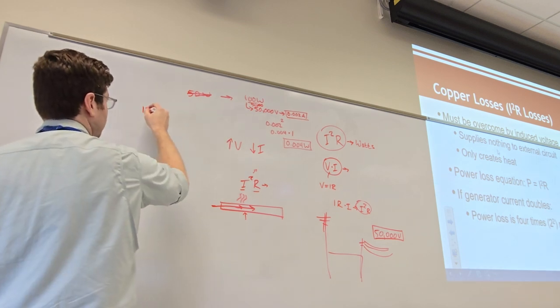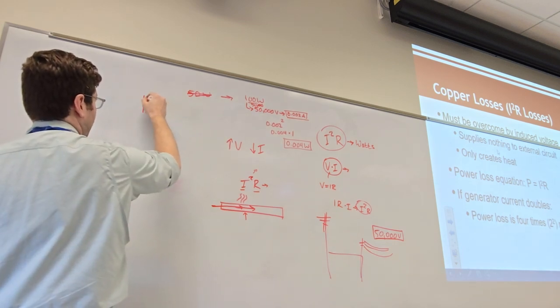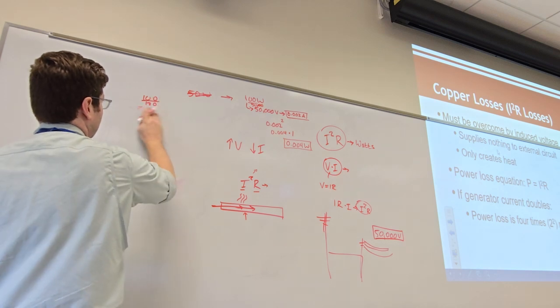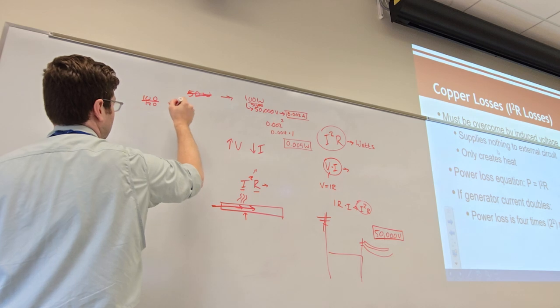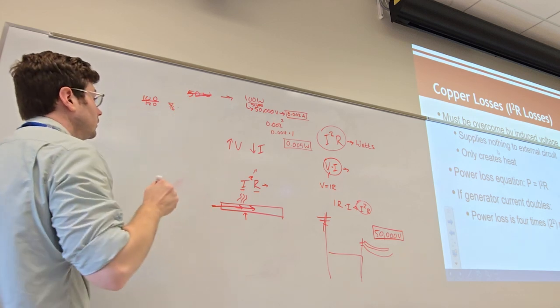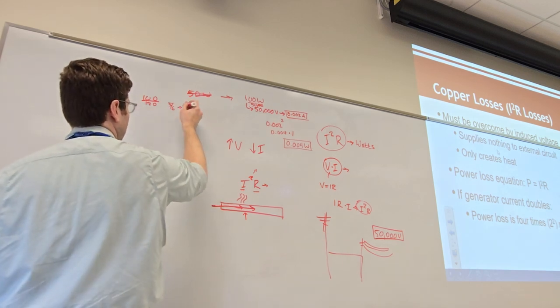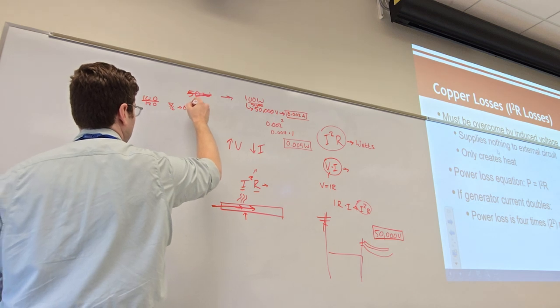What is 100 divided by 120? 5/6, right? What's 5/6 as a decimal? 0.83.